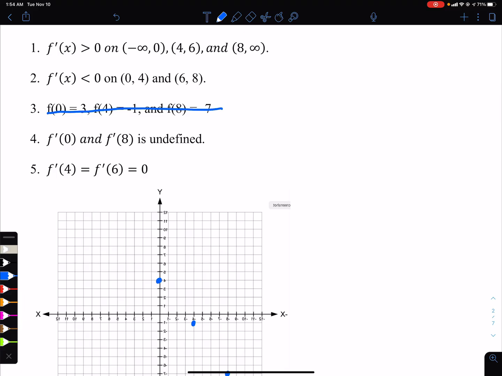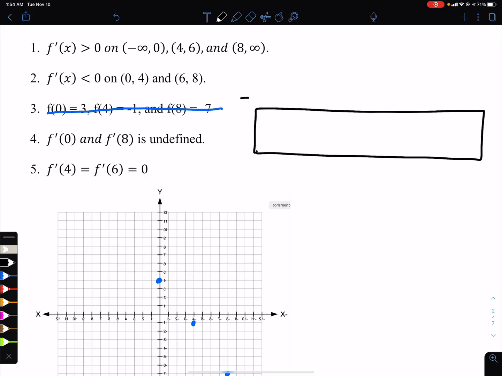Now, I'm going to make a chart. This will be -infinity. This is infinity. And we have special points, 0, 4, 6, and 8. And those are my x values. But look what's happening. Let's read this. From -infinity to 0, the derivative is positive. So we know the function is increasing. And then from 4 to 6, the derivative is positive, so the function is increasing.